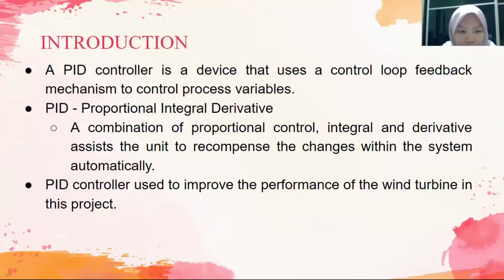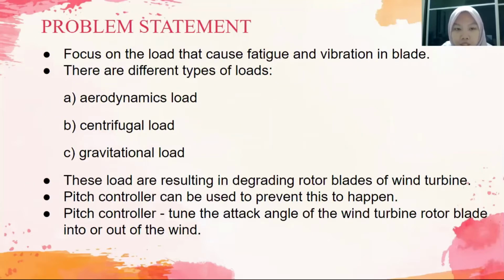It is a combination of proportional, integral, and derivative control that assists the unit to compensate for changes within the system automatically. The PID controller used in this project is to improve the performance of the wind turbine, compared to the system without the controller. Next, I will pass to my friends.